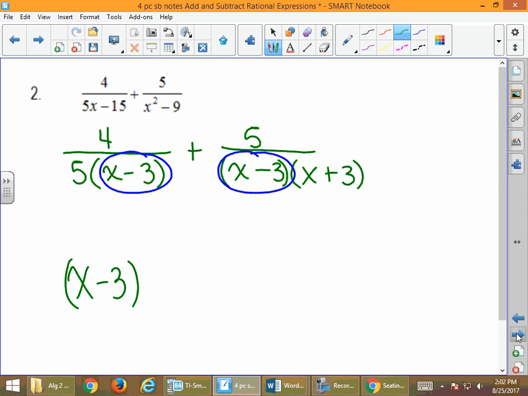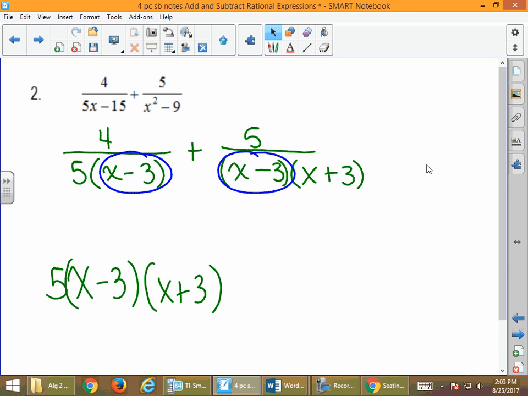It's in the left-hand fraction, but it's not in the right-hand fraction, so that also needs to become part of our common denominator. And over here in our right-hand fraction, we have an x plus 3 in that denominator that's not in the left-hand denominator, so that also has to become part of our common denominator. And now we have it. So find what's the same, and then look at the other parts.